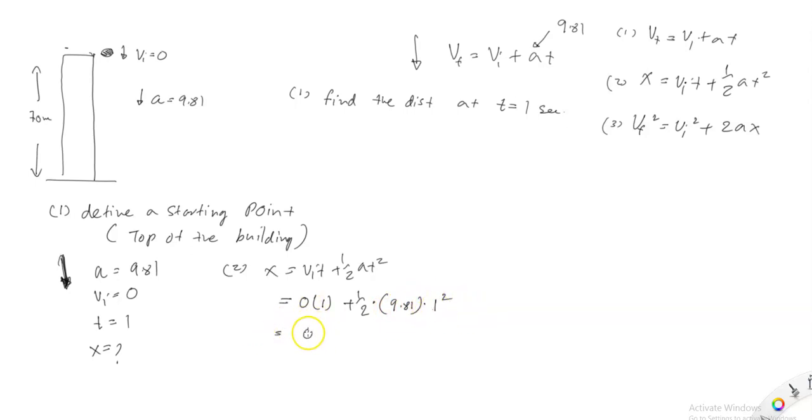So it's going to be 0 plus half times 9.81 times 1. 9.81 times half times 1, this is going to give you 4.95 meters. After 1 second, it's going to be somewhere here, 4.95. Oops, that's not right.